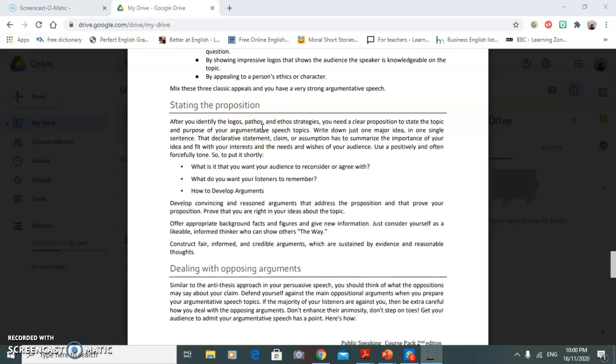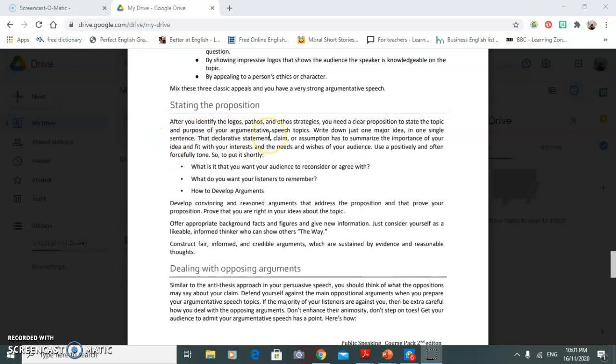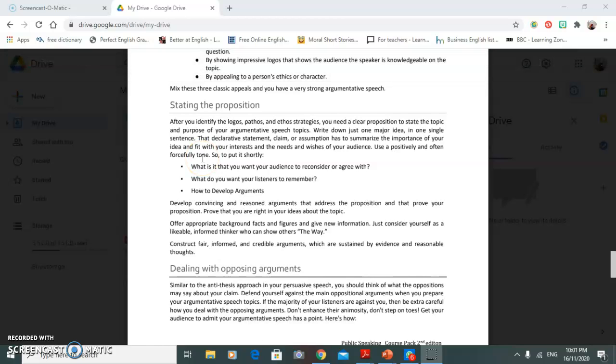After you identify the logos, pathos, and ethos strategy, you need a clear proposition to state the topic and purpose of your argumentative speech topics. You need to write down just one major idea in one single sentence. The declarative statement, claim or assumption, has to summarize the importance of your idea and fit with your interests and the needs and wishes of your audience.